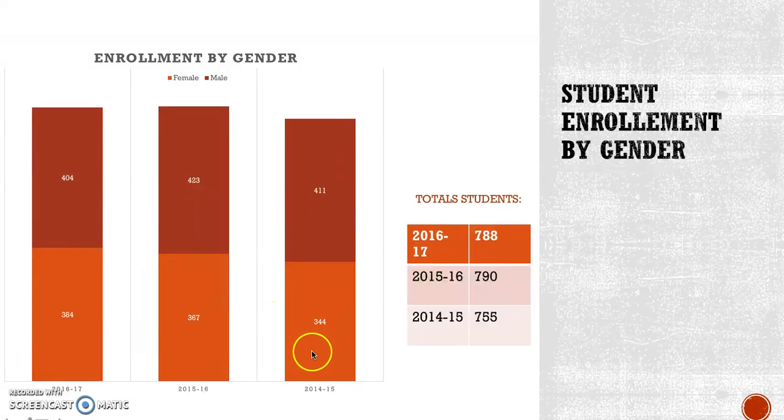As one can see, the population of the school has grown and continues to grow. In 2014 to 2015, the student population was 755 students, increasing to 790 and slightly decreasing in 2016 to 17 to 788 students. For the most part, there has been a large influx of the student population, so we want to make sure that there are certain measures being put in place so that students receive all the support that they need.